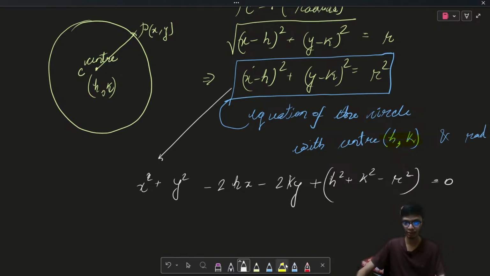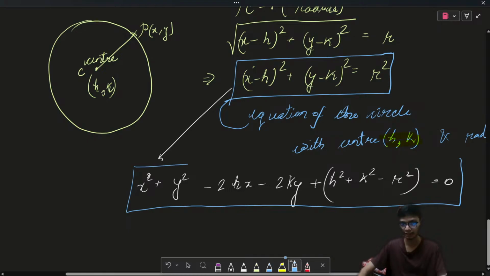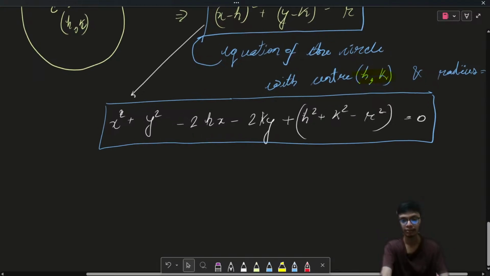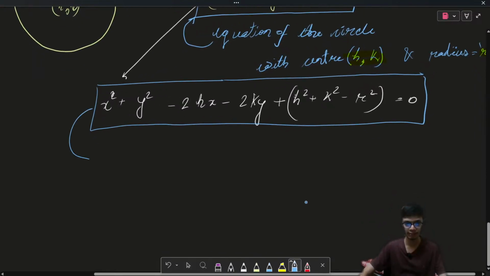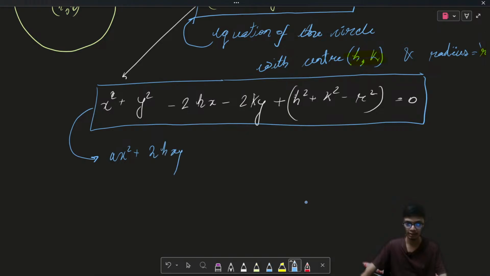Now if you recall from our previous discussion on the general equation of conics, the second degree equation, that was written as ax square plus 2hxy plus by square plus 2gx plus 2fy plus c equal to 0.